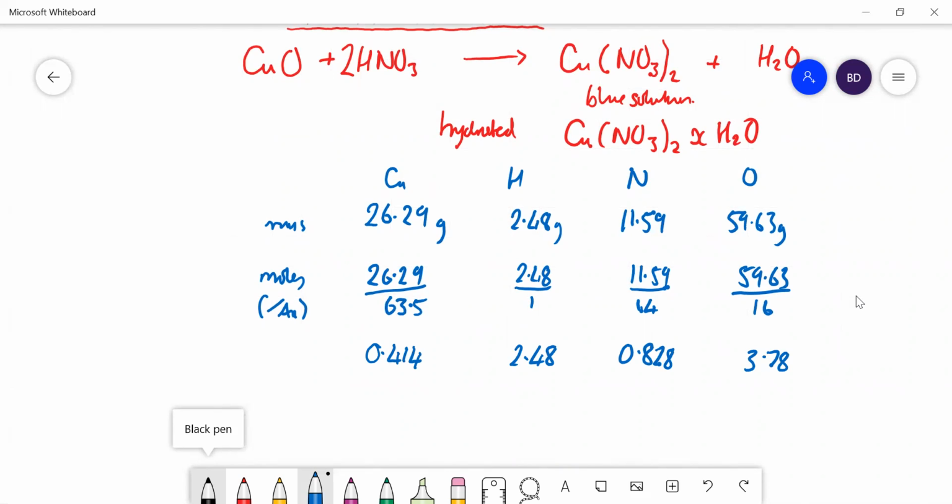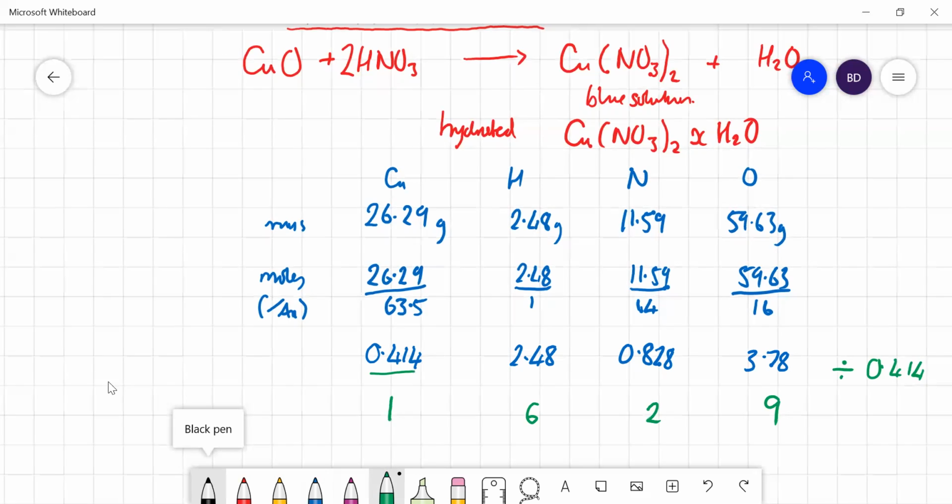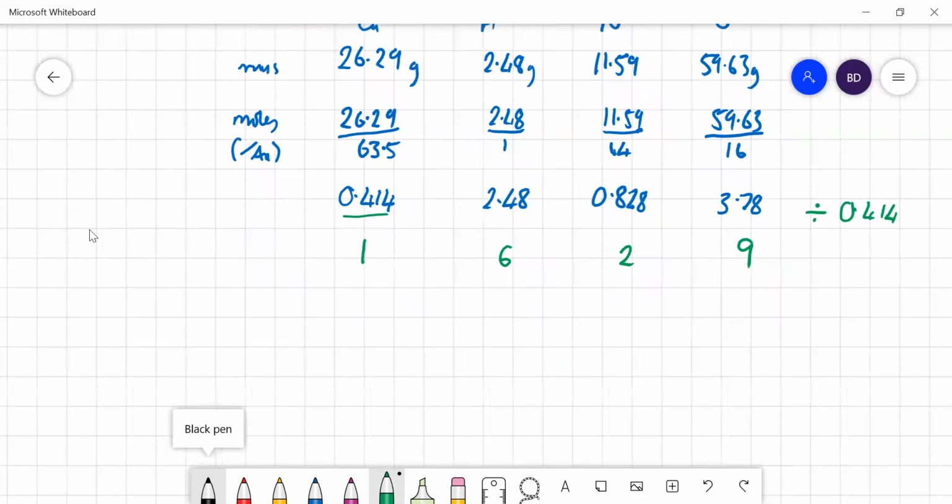So to simplify the ratio, we're going to divide by the smallest number in the ratio, which is 0.414. And that is going to give us 1 copper, 6 hydrogen, 2 nitrogen, and 9 oxygen. Okay, right, so we've got to find out how many waters we've got in the water of crystallization there.